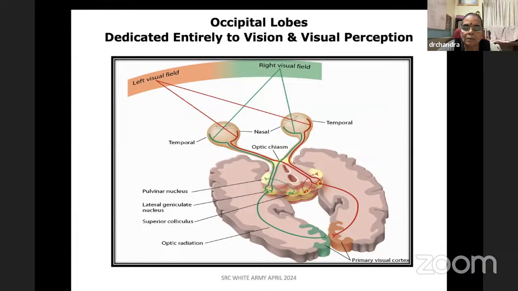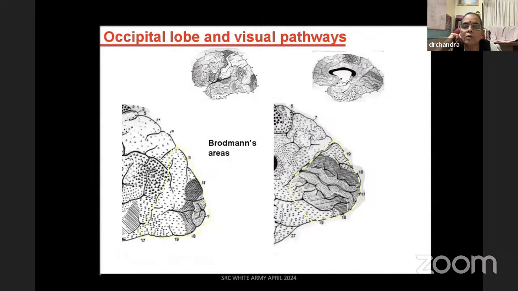Then it forms the optic tract and goes into the temporal lobe and the parietal lobe. The fibers which carry the lower outer field go to the parietal lobe, and the fibers which carry the upper temporal field go to the temporal lobe, and then go to the occipital cortex and get established there. So we have the Brodmann areas in the occipital cortex, that is 17, 18 and 19.